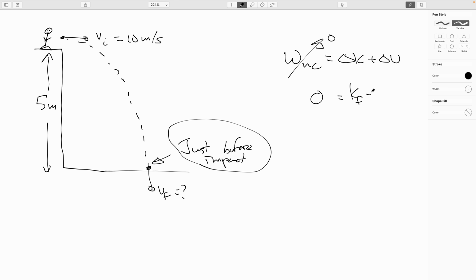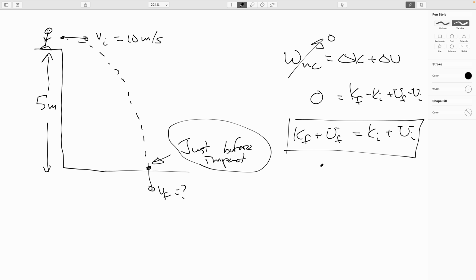This will be K final minus K initial plus U final minus U initial. So we can rewrite this as K final plus U final equals K initial plus U initial. Or if you prefer, and this is why we say energy is conserved, the final mechanical energy equals the initial mechanical energy.